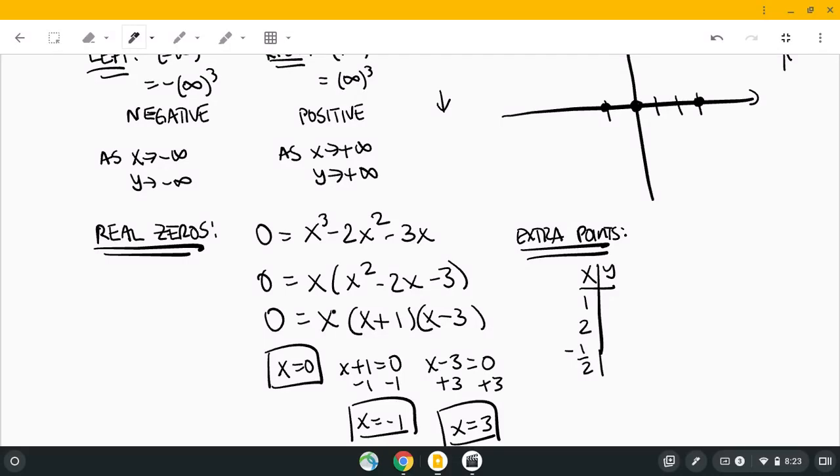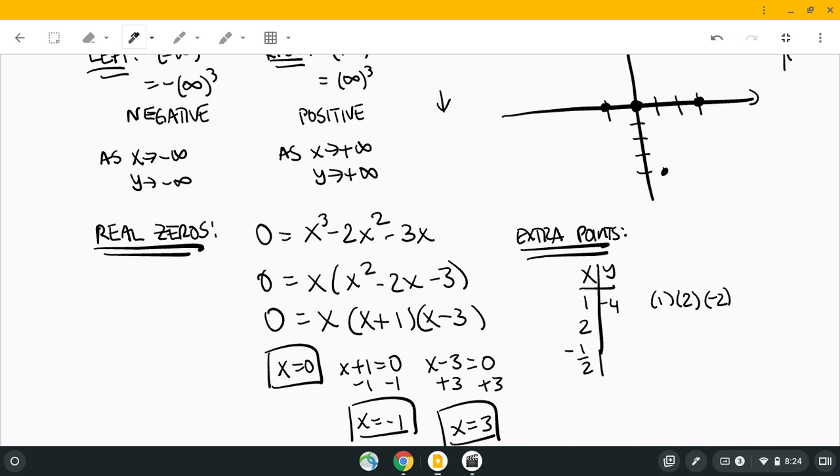When I plug in there, I get 1. When I plug in 1 over here, I get 2. 1 plus 1 is 2. And when I plug in 1 over here, 1 minus 3 is negative 2. All right, so that gives me negative 4. Okay, so 1, negative 4.